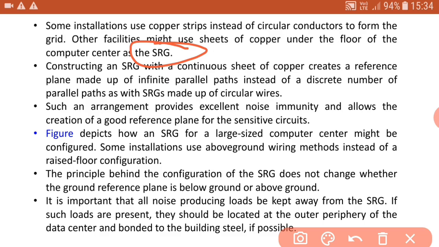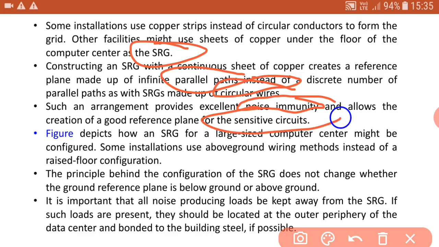Constructing a signal reference ground with a continuous sheet of copper creates a reference plane made up of infinite parallel paths instead of a discrete number of parallel paths, as with signal reference grounds made up of circular wires. Such an arrangement provides excellent noise immunity and allows the creation of a good reference plane for the sensitive circuits.